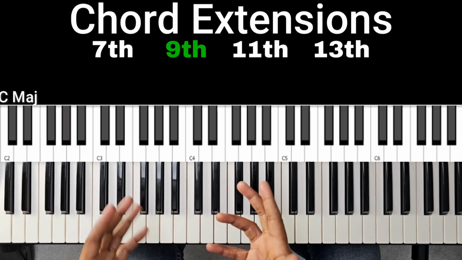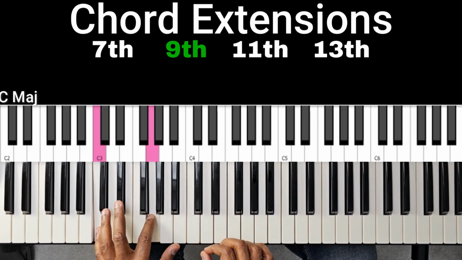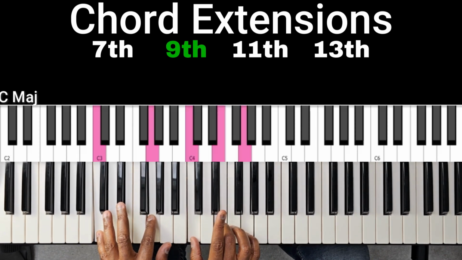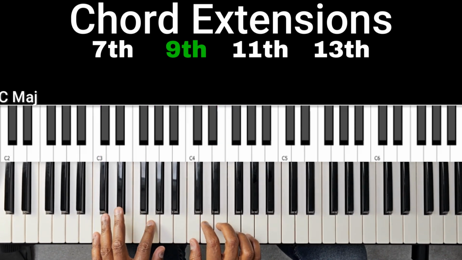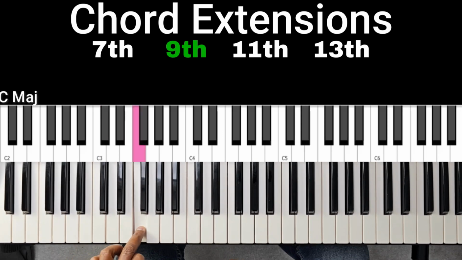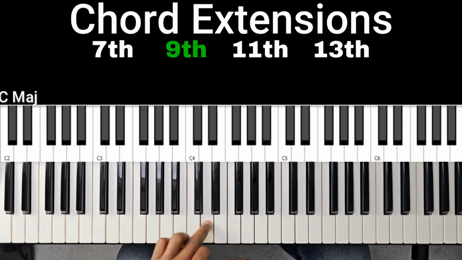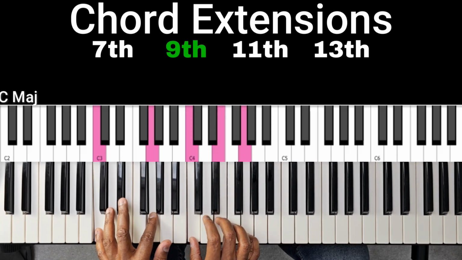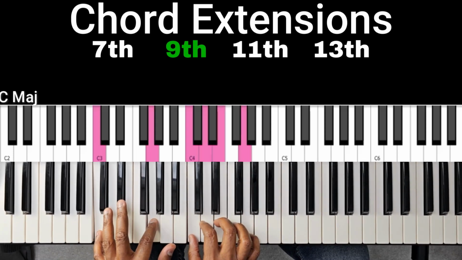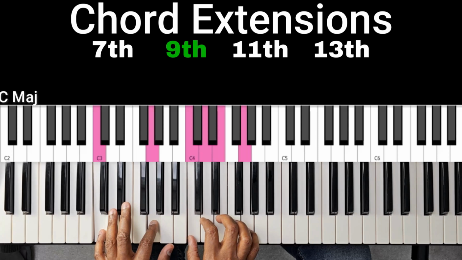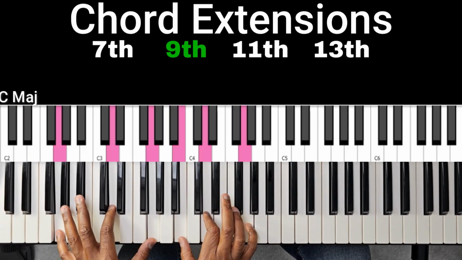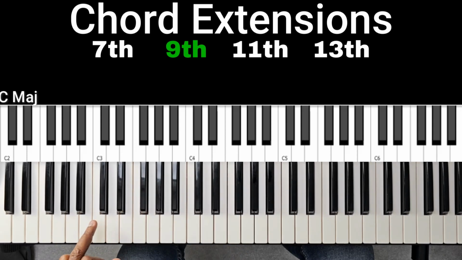So it is the 9th because that's the C chord. I've just left that out. That's also the C chord. And that's the 9th. So 1, 2, 3, 4, 5, 6, 7, 8, 9th. So I'm playing the C chord and adding the 9th, and I'm playing them together. And this is the 1, 6, 2, 5 chord progression.